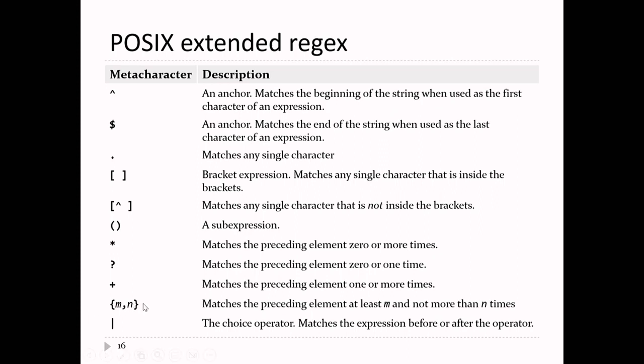So if you want to specify either a specific number, say 5, or a range between 5 and 10, you can use the braces to specify how many times to match. And then finally, there's or, the choice operator, which matches the expression before or after the operator. This one is confusing, so we'll get to some examples of that.